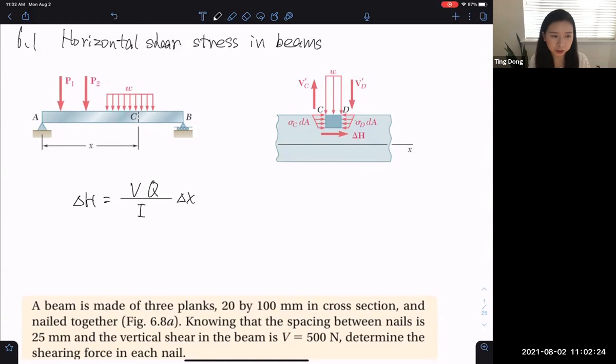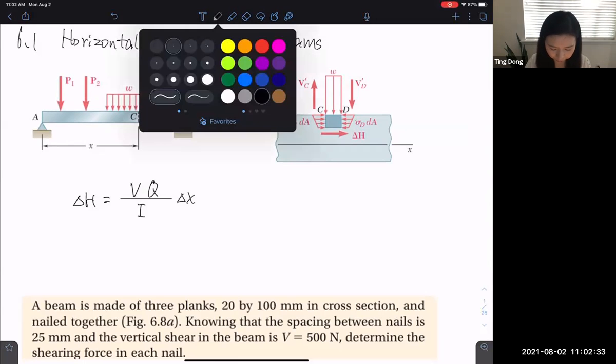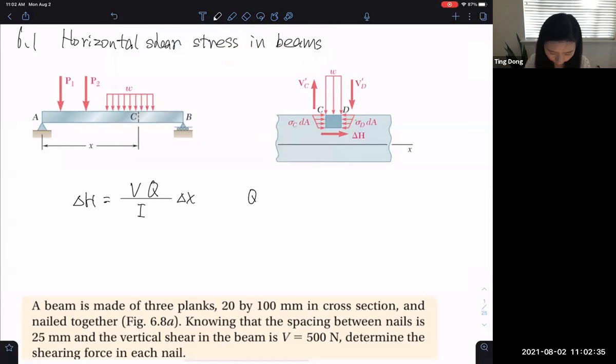This is the basic equation, and of course the most confusing part for most students was Q, how to calculate Q. We derived in class that Q equals the distance between the centroid of the cross section part and the neutral surface of the entire cross section, times the area of that cross section part.